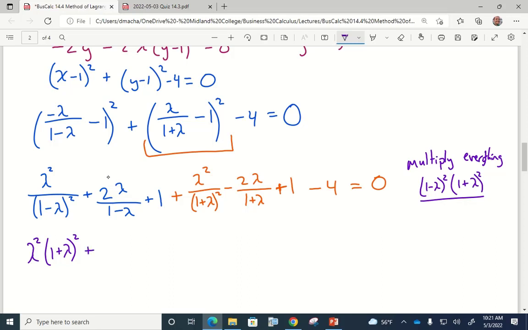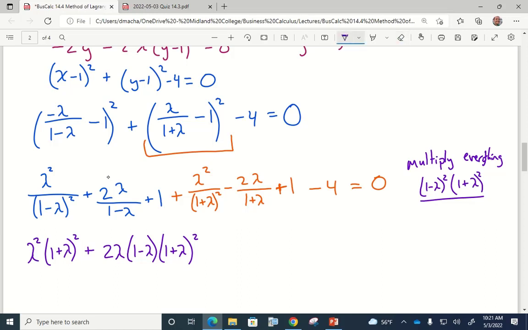The next term is going to become 2 lambda times 1 minus lambda. The other 1 minus lambda will cancel with the denominator, and then 1 plus lambda squared. The 1 plus 1 minus 4 is really a negative 2 as my constant there.